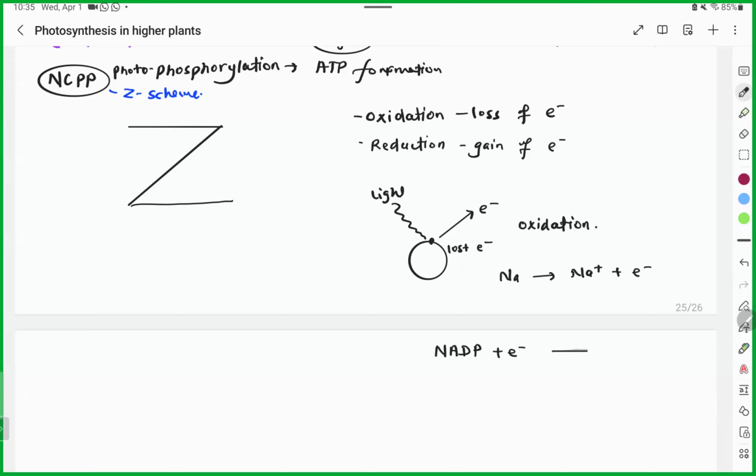So it will convert into NADPH and H positive. There is also the addition of hydrogen, gain of electron and addition of hydrogen, so it is reduction. Okay, so you should know where oxidation happens, where reduction happens. Electron transportation occurs because when light falls on an individual atom, the electron gets excited and moves, and this electron movement we are talking about. Understood?